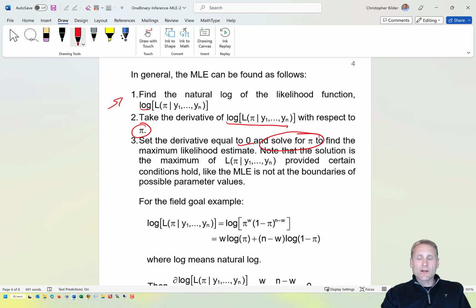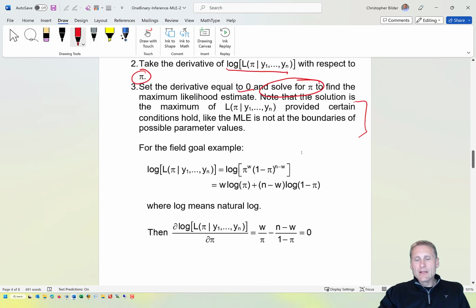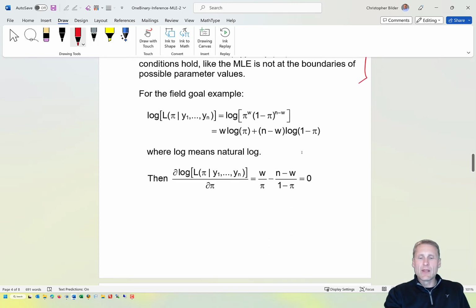This will always work except in some unusual occasions, depending upon the actual probability distribution you're working with. So for our field goal kicking example, our log likelihood function is as follows. I take the log of pi raised to the w times 1 minus pi raised to the n minus w. Now we work with some properties of logarithms that you've seen in an algebra class before.